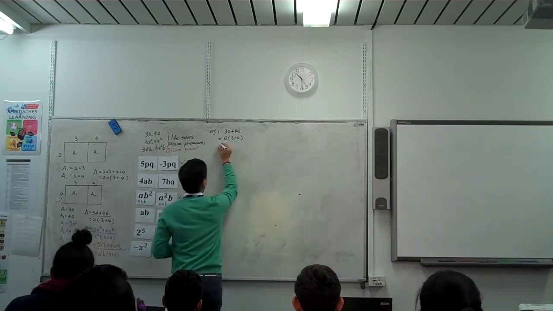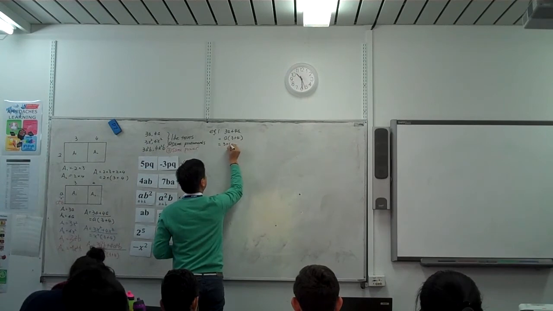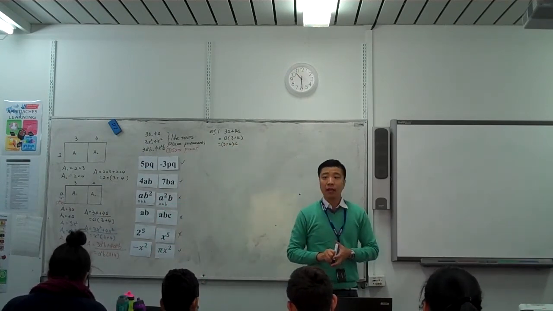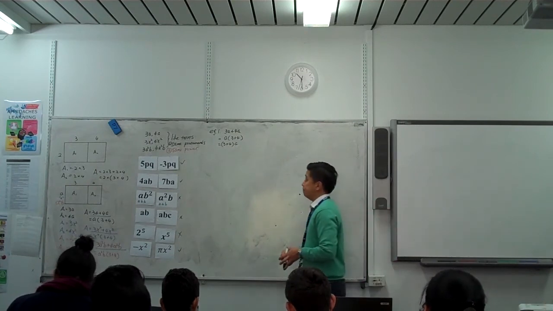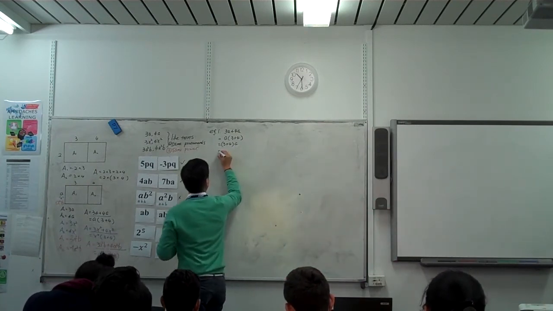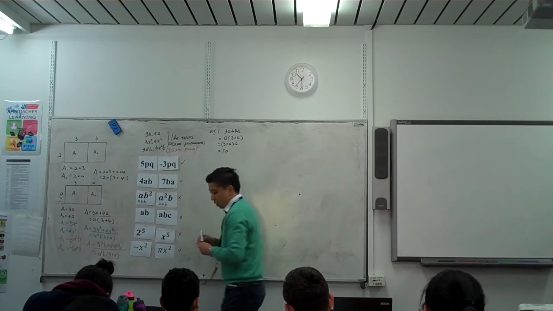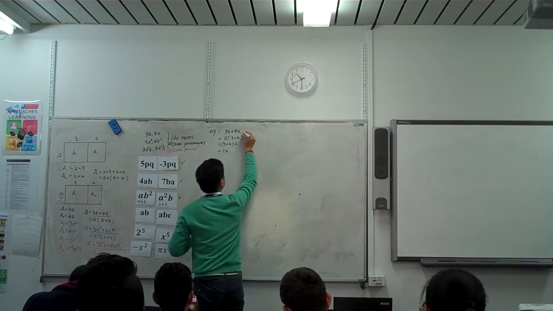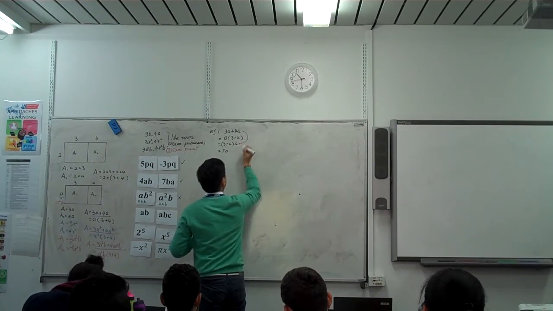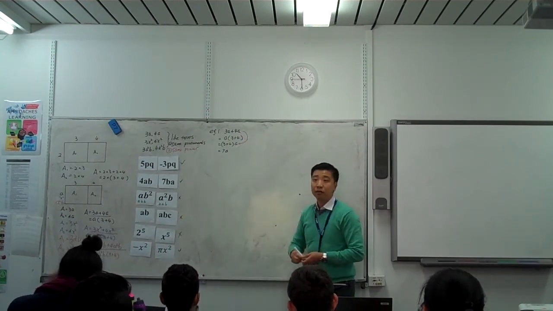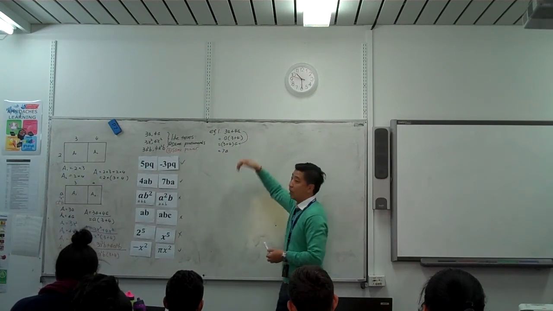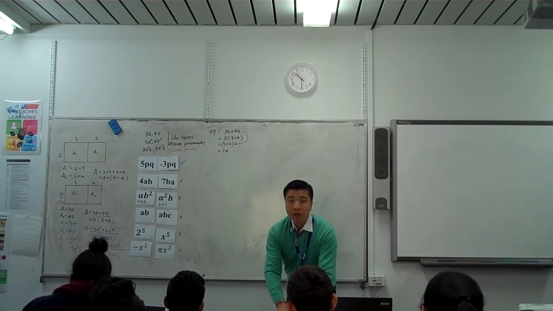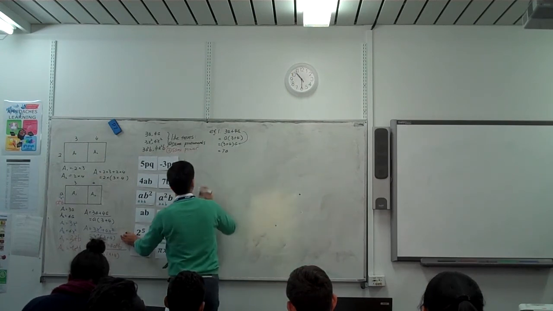So normally we write 3 plus 4 lots of a. Definitely the answer is 7a. But I want everyone to tell me, how can you collect like terms? From this step to this step, what did you do? Alright? We continue to copy down this one.